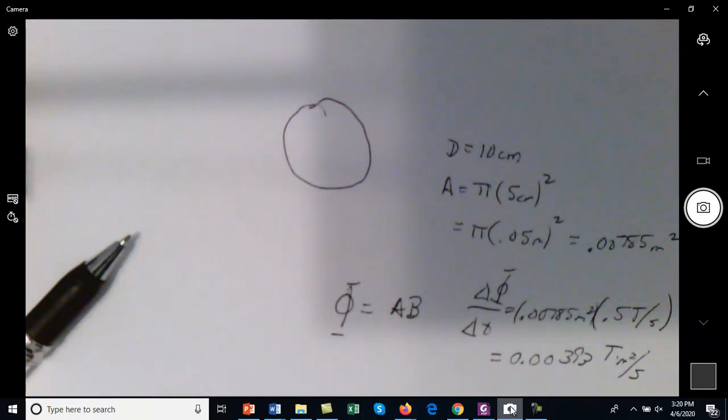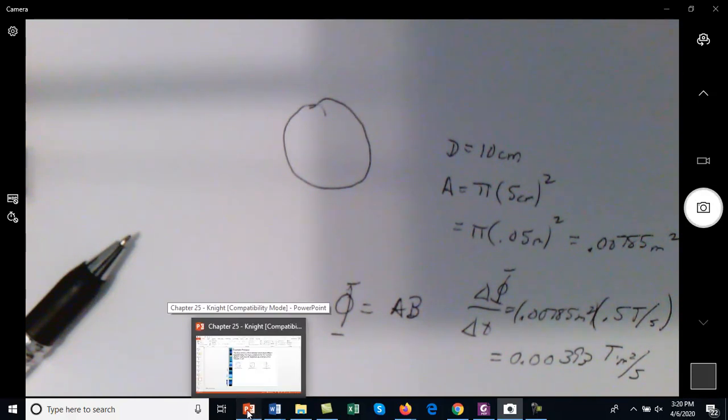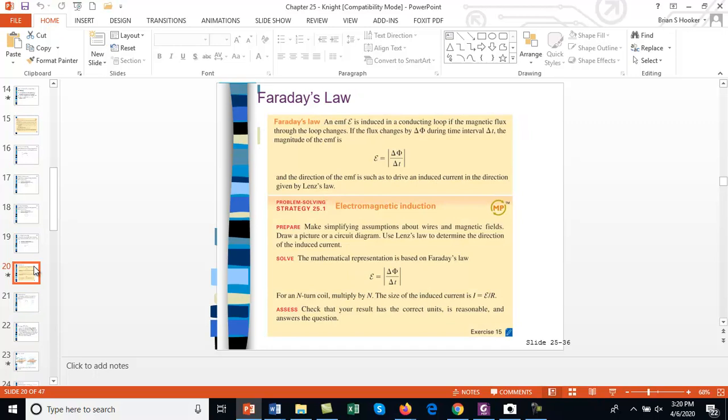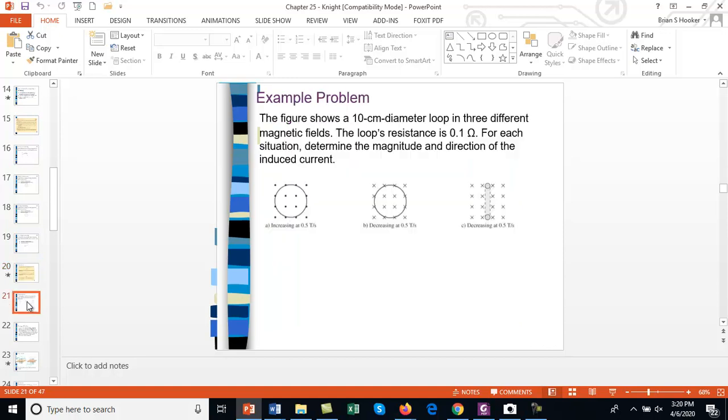Okay, so we know that previously, that is equal to our electromotive force. So our electromotive force then is equal to 0.003 volts.